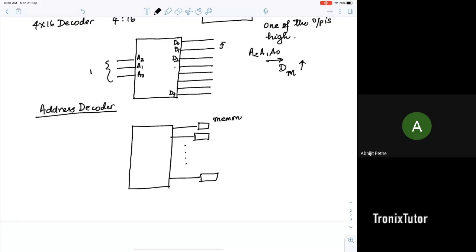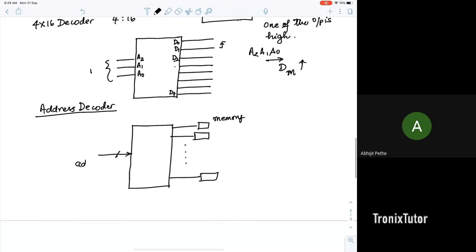So if you think about this decoder, each decoder line will go to some memory cell. When you want to address a certain memory cell, you will send an address to this decoder, and this decoder will raise only the signal to that particular memory. Let's look at a very simple hex address, let's say HA, and a 4 is to 16 decoder. A 4 is to 16 decoder takes an input of 4 bits and gives 16 outputs, where the line will go high when that particular line is called.